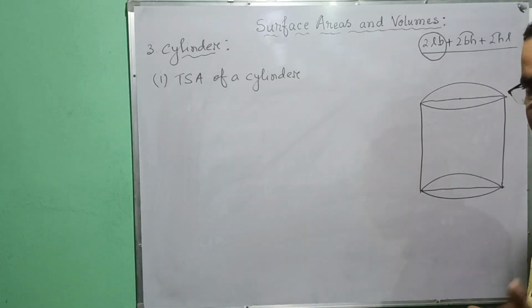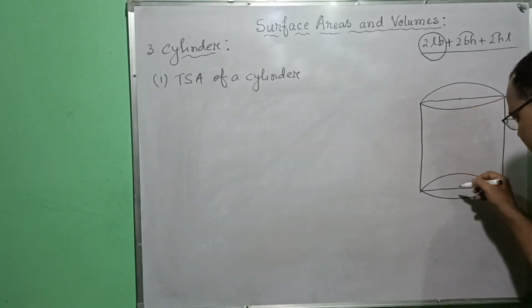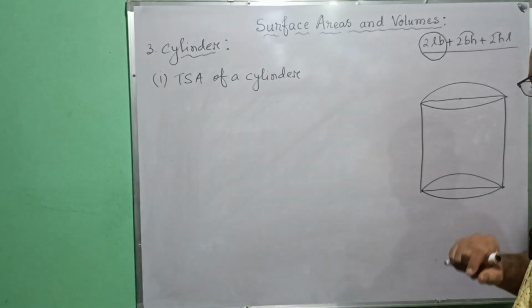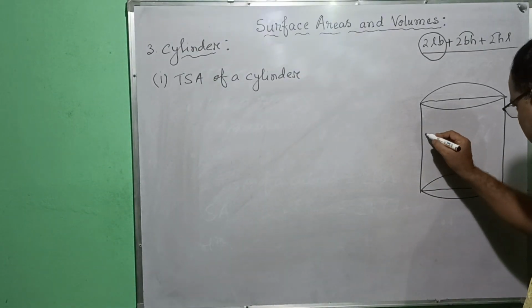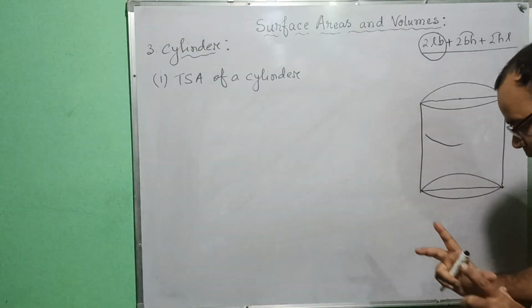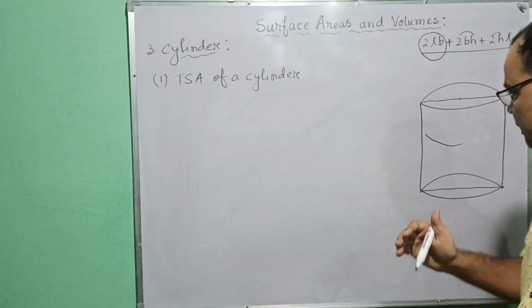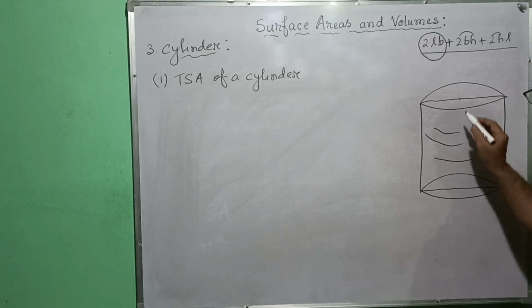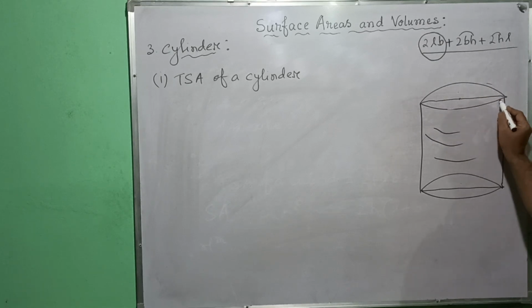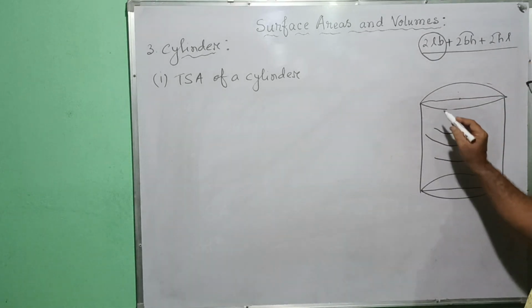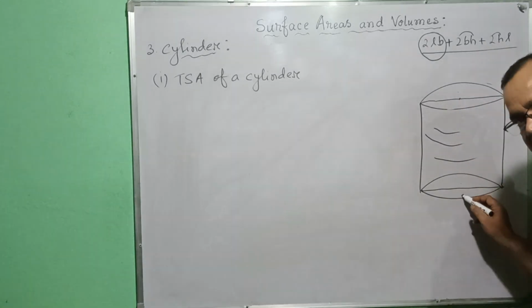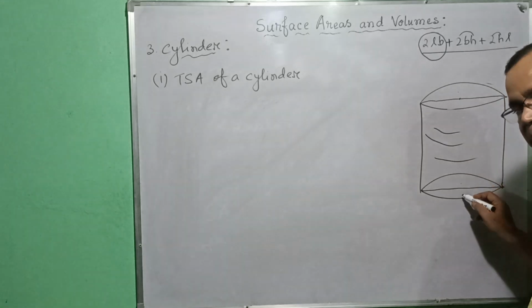One more thing in a cylinder: there are two different types of areas. What are the two different types? One is curved. You can see the cylinder is like a curve. So one curved surface area is there, and two flat surfaces are there. This surface is like a circle, so it is flat, and another identical circle is there at the bottom.